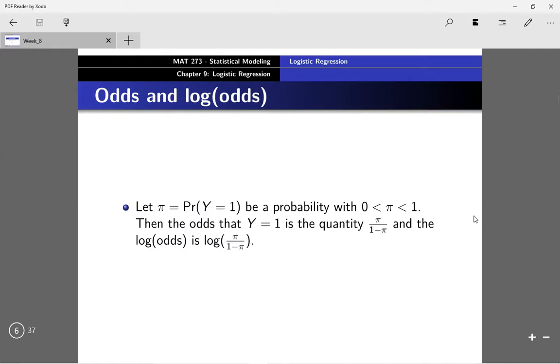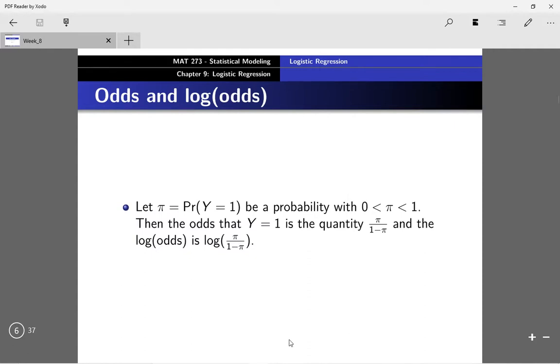And probabilities in general, not just for logistic regression, are constrained to be between 0 and 1. You can have a probability of exactly 0 or 1, so these should really be inclusive, but that's not too important here. It's important just to know that probability must always be positive, and it cannot be greater than 1.